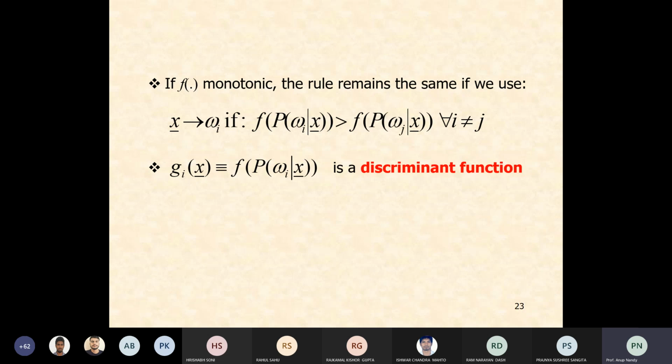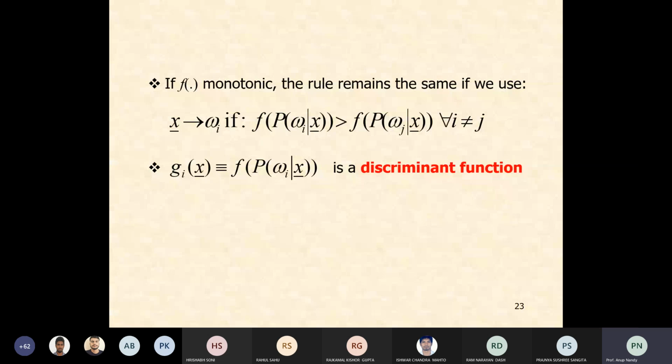Do you know the meaning of a monotonically non-decreasing function? Anyone? Sir, the first-order derivative. Okay, good, very good. So this function is called a monotonic function, and the rules remain the same.